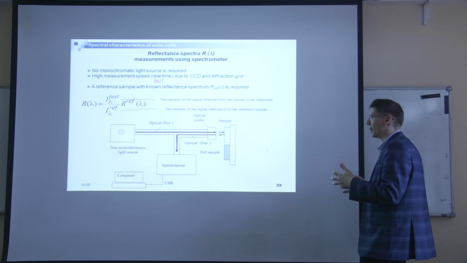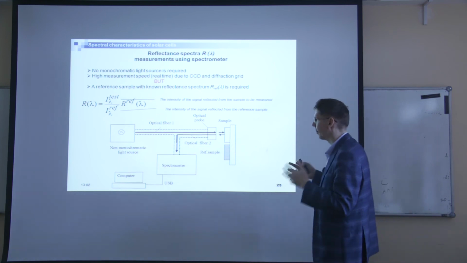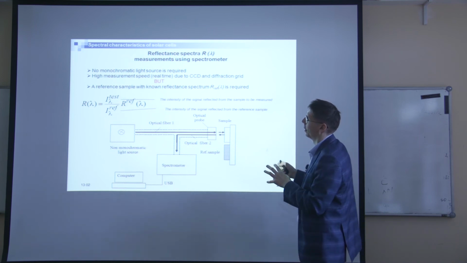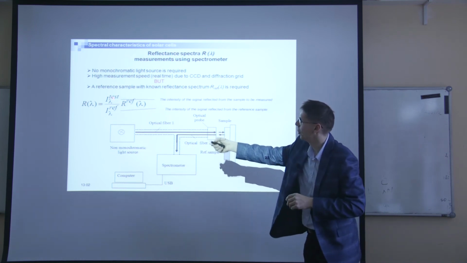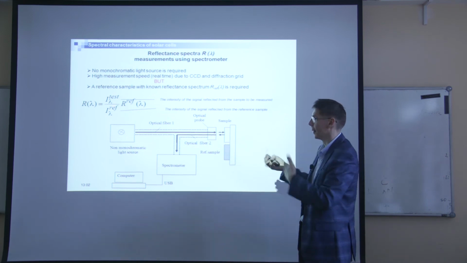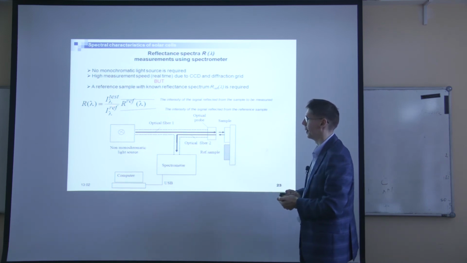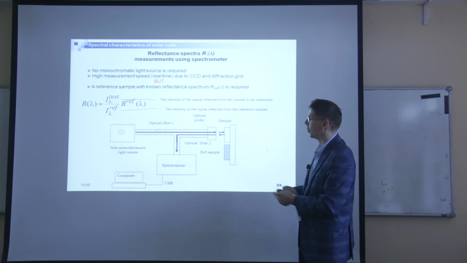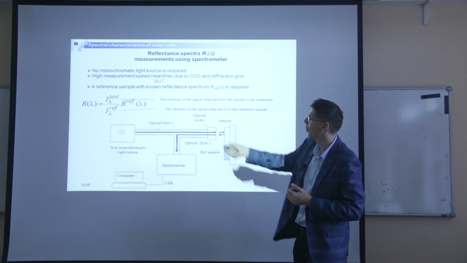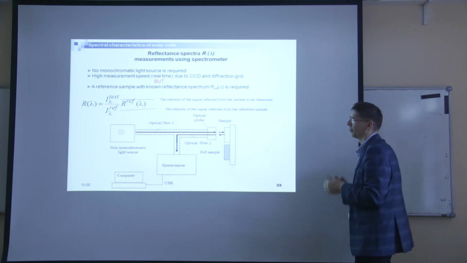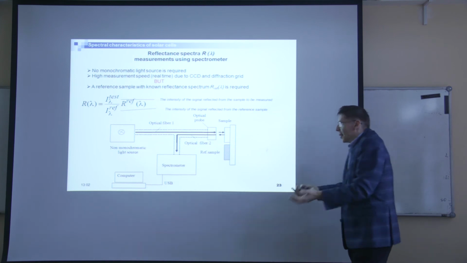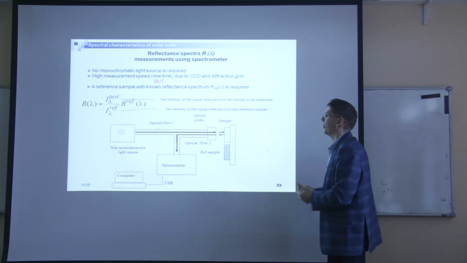You can simply get the ratio between the two intensities. So you don't need to know exactly the spectrum, because it's always one measurement system. And you have to know the reflectance of your reference, because otherwise it would not be a reference.